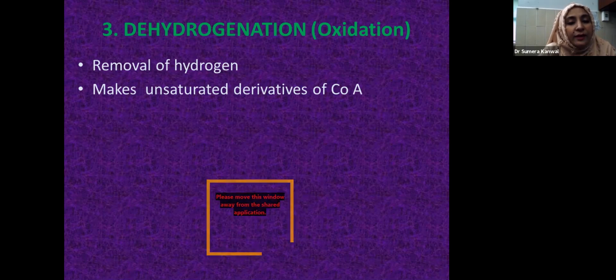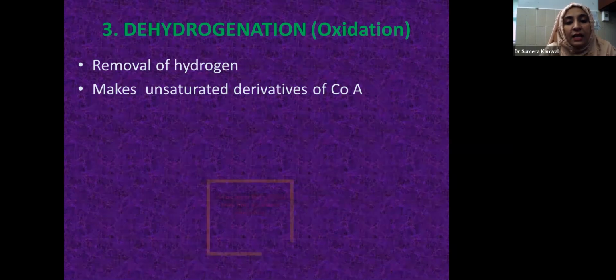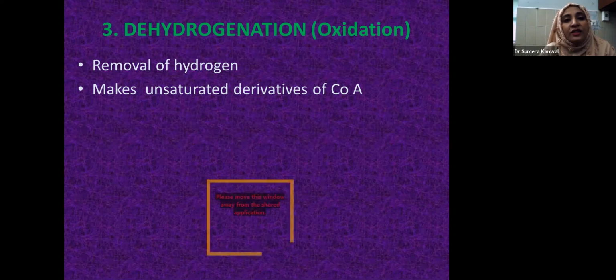And in step number 3, the hydrogen which is released by the aliphatic chain of these acids is accepted by FAD, which converts FAD into FADH2. So these branched chain amino acids first catabolize through transamination, then they undergo oxidation and decarboxylation. Their oxidation gives NADH and FADH2, a little amount of energy.